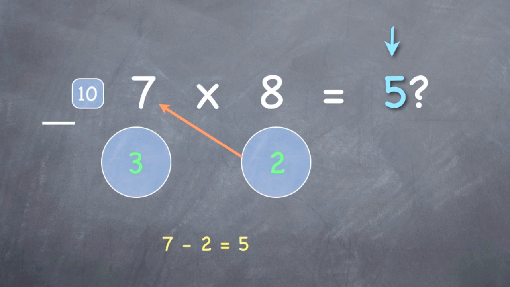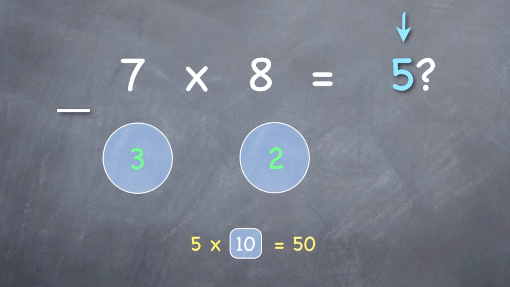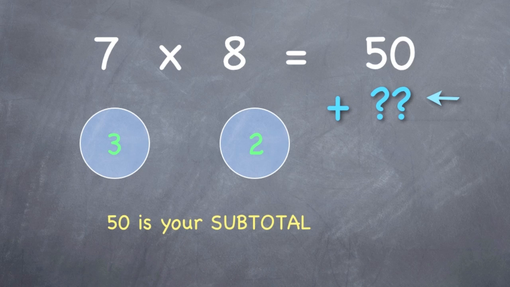But how do you know it's not 5 or 50 or 500 or 5,000? Well, we simply take the 5 and multiply it by the reference number, 10, to give 50. So 50 will be your subtotal. That means you have 50 and you have to add a number to 50 to get the final answer.